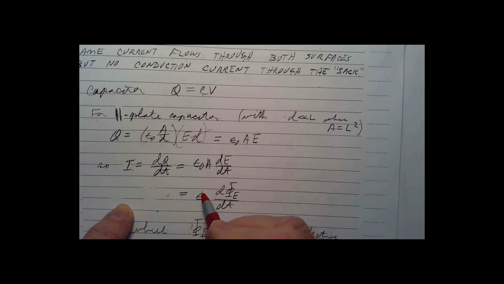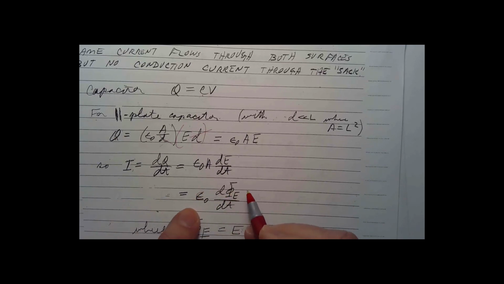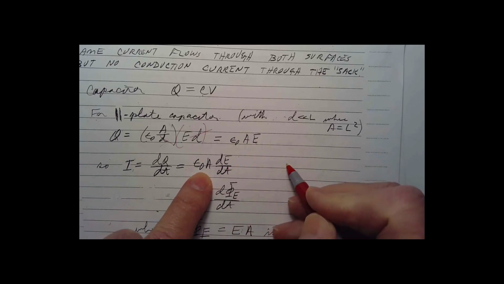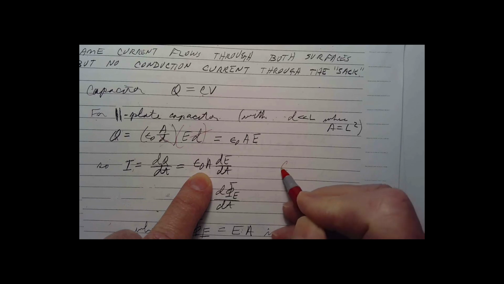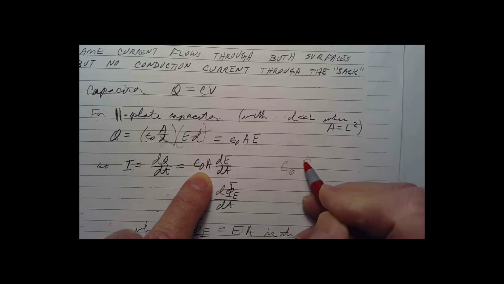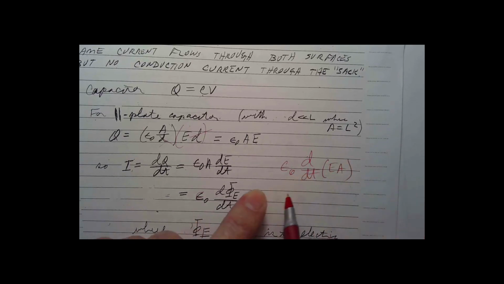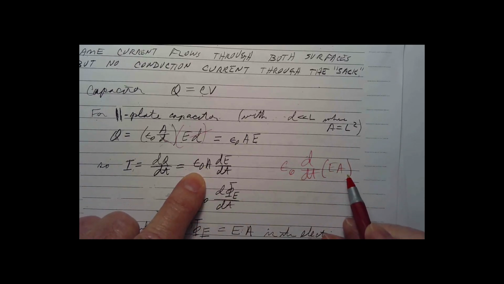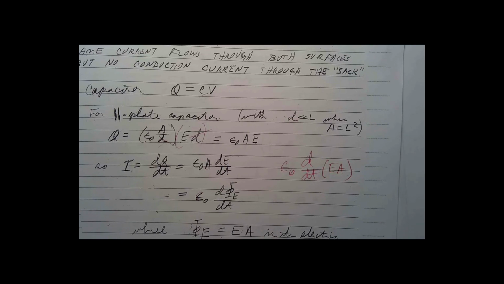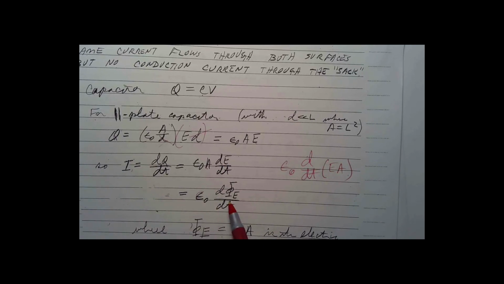So it's like a kind of current, which is epsilon 0 d phi sub E over dt. Because if I write this as epsilon 0 d by dt of E times A, A is a constant, so I can pull it through there. Well, that's just the flux. So that's what I get there, that current.